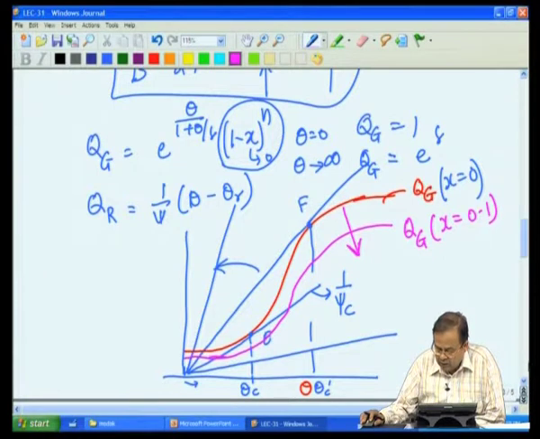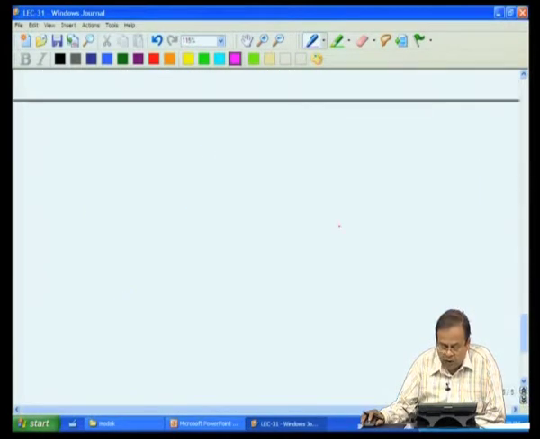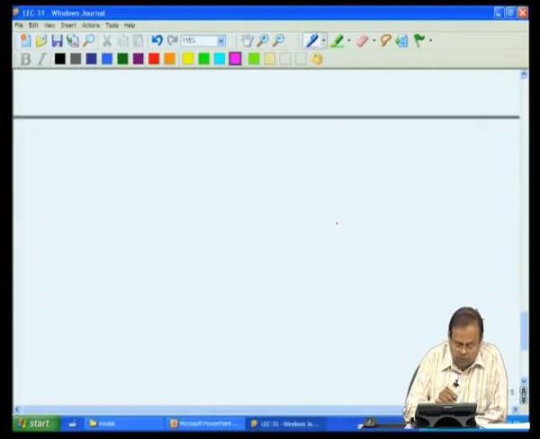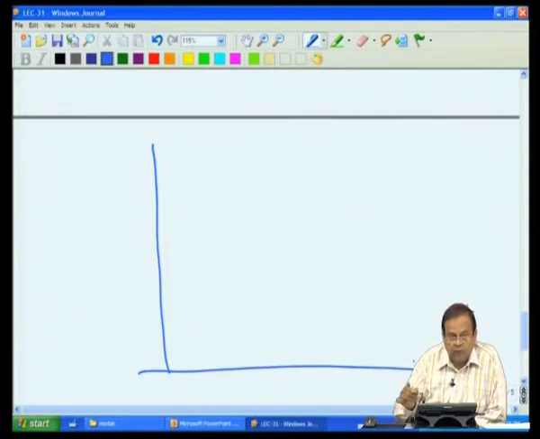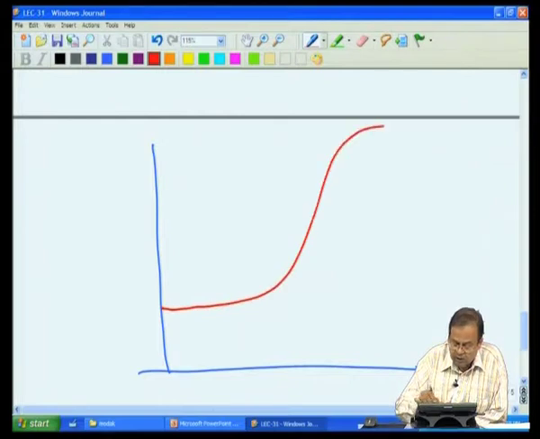So, let us keep that information in mind, and let us now try to look at what will actually happen in a plug flow reactor when the reaction is taking place. Okay. So, let us say at the start of my reaction, this is my generation curve, and my operating line was something like this.